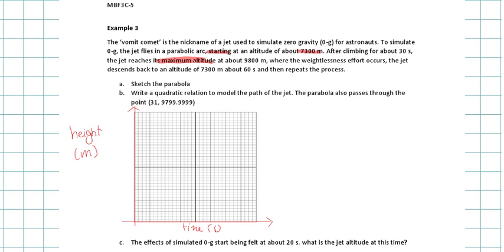Because the highest point is 9,800 meters, I'm going to go up by 1,000: 1,000, 2,000, 3,000, 4,000, 5, 6, 7, 8, 9, 10. And then the time, since I'm going to 60 seconds, I can go up by 10.